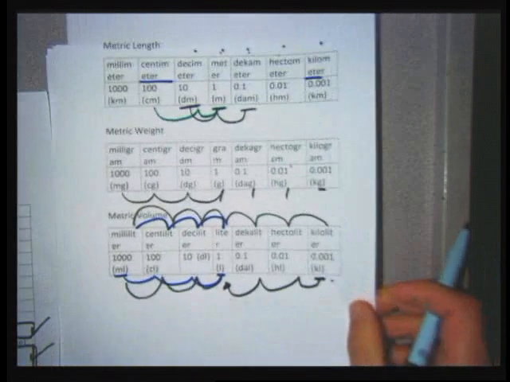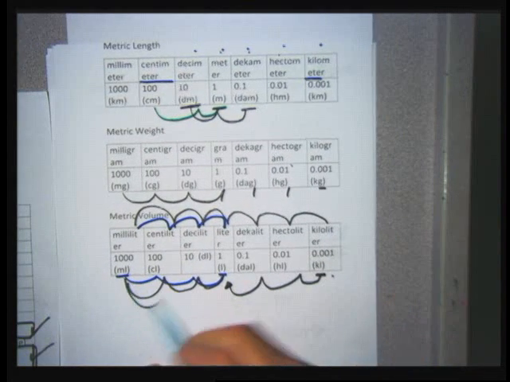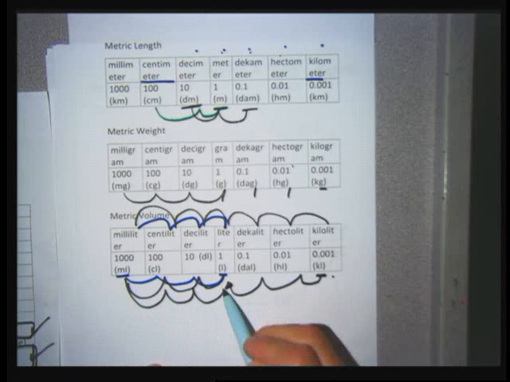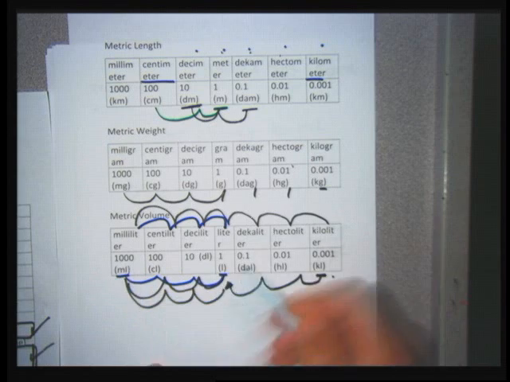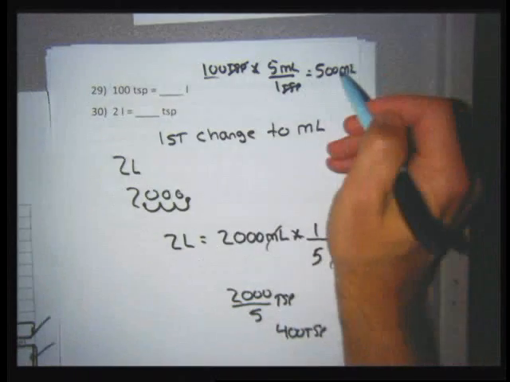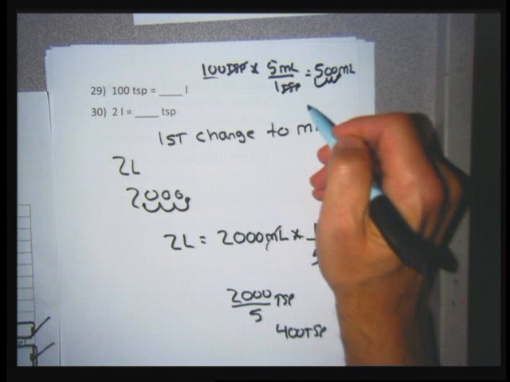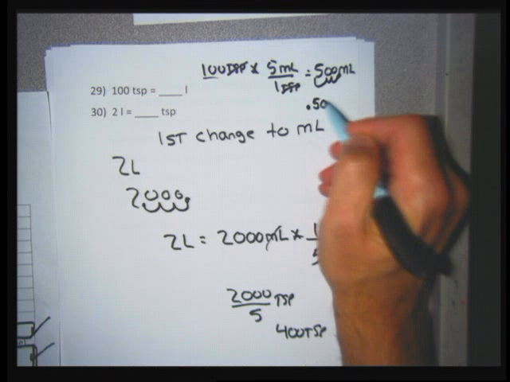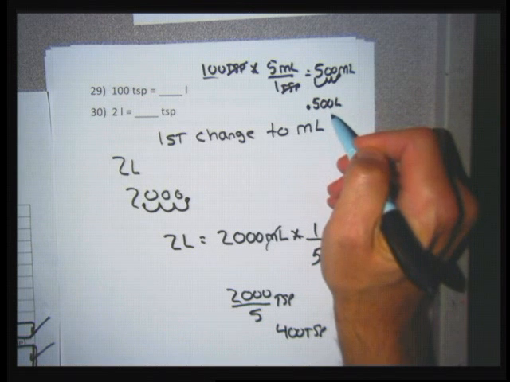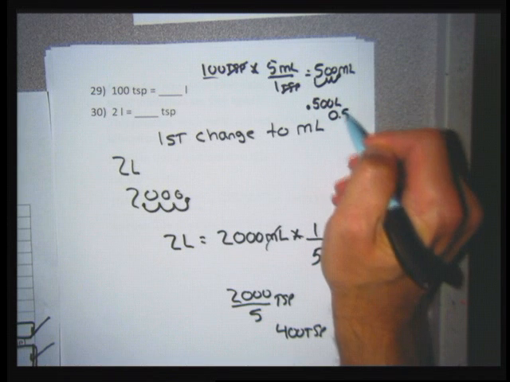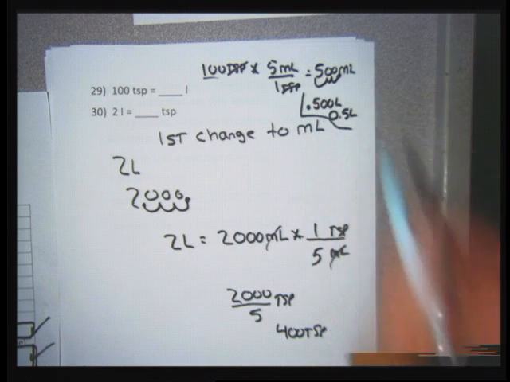To change from milliliters to liters, I go 1, 2, 3 to the right. So I have to move the decimal 3 to the left, because if I'm moving, I go the opposite way with the decimal. So there's an implied decimal here. I'm going to move it 1, 2, 3 to the left. I'm going to get 0.500 liters.